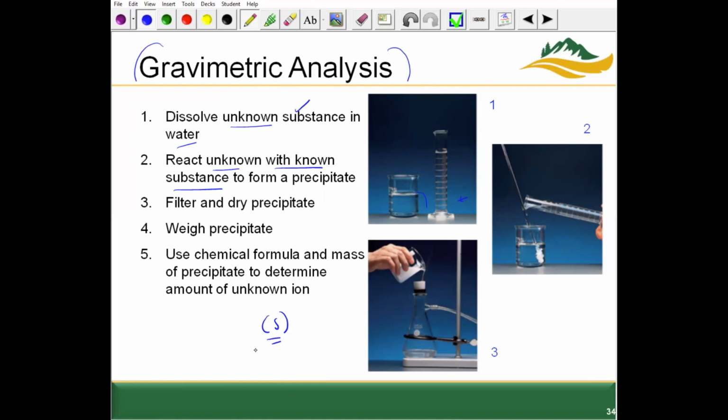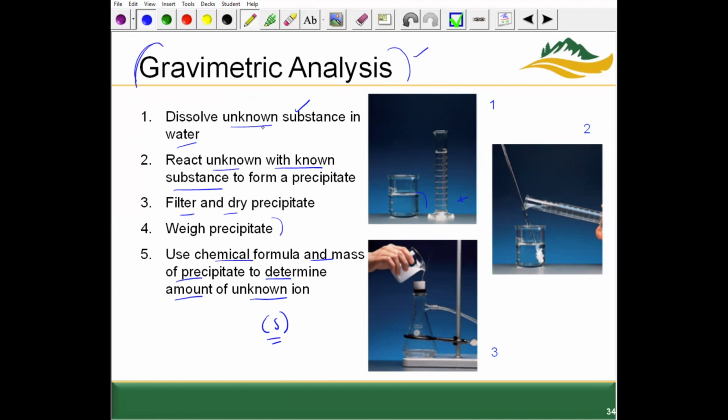So a precipitate forms, we can filter and dry that solid precipitate, weigh it, then use the chemical formula and mass of the precipitate to determine the amount of an unknown ion. This is how we could do gravimetric analysis in the lab or in a virtual lab.